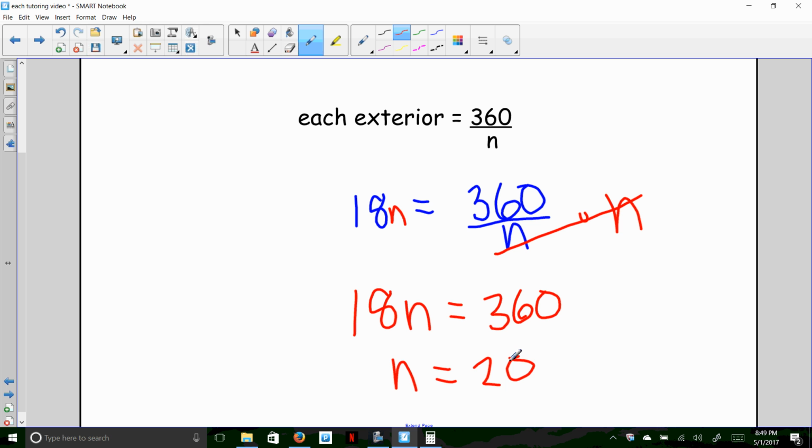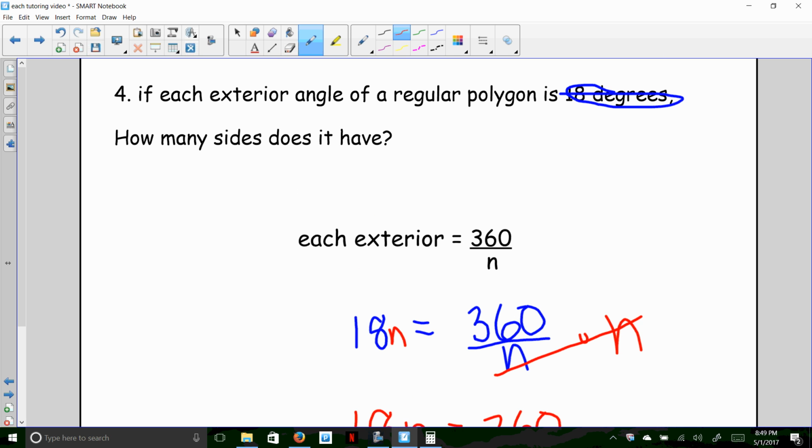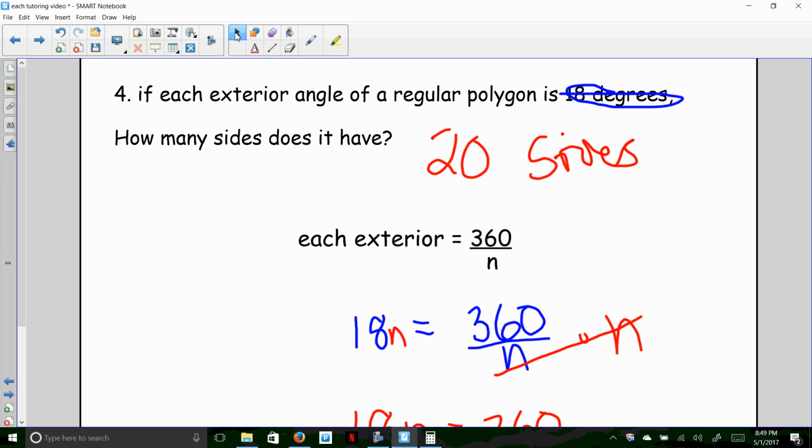And what does that mean? If each exterior angle of a regular polygon is 18 degrees, how many sides does it have? Well, n's the sides. It has 20 sides. All right, so you can use these 4 examples to help you with a majority of all of your equations that use the word each.